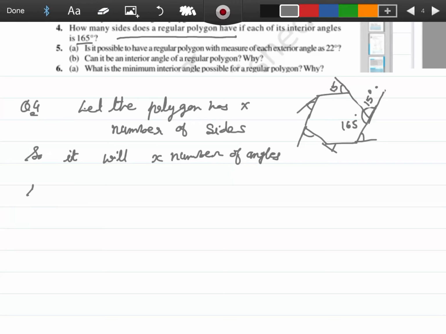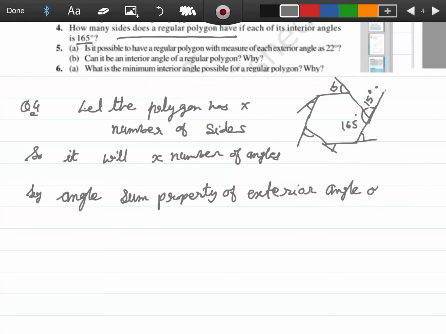And by the angle sum property of exterior angles of polygons, the sum of the angles will be 15 into x is equal to 360 degrees.